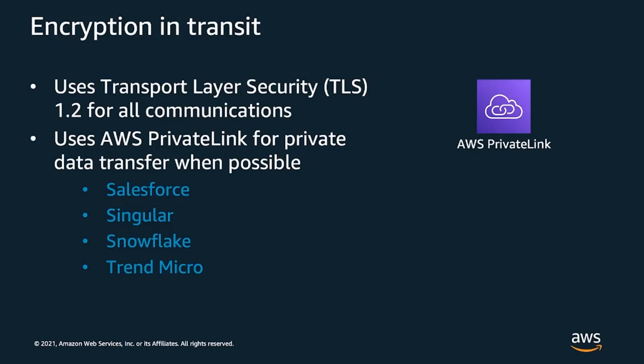However, many of these services offer an endpoint on the AWS network through the use of an AWS PrivateLink. Services like Salesforce, Singular, Snowflake, and Trend Micro all offer this. So when you connect to those, you do not leave the AWS network, you stay on the private network. Again, an extra added layer of security.